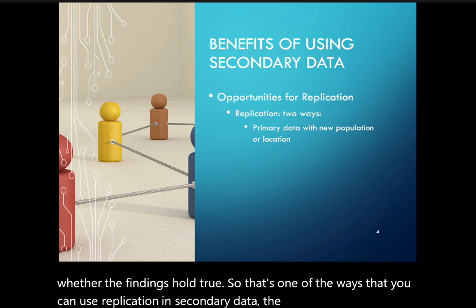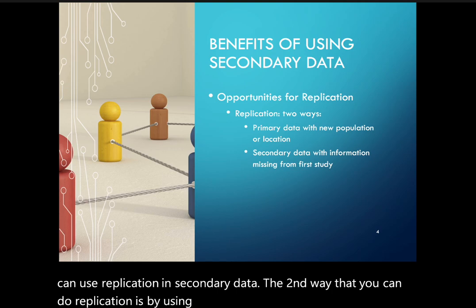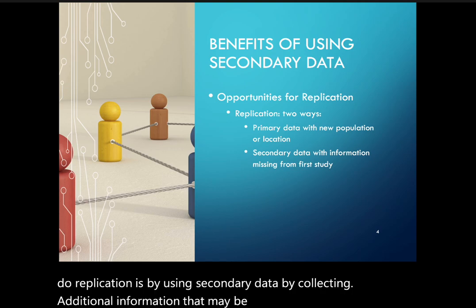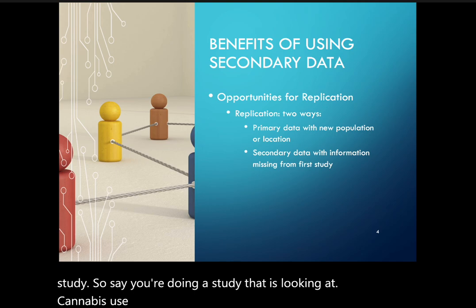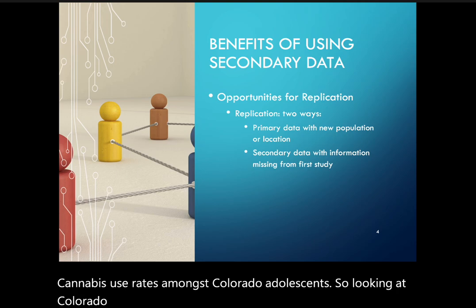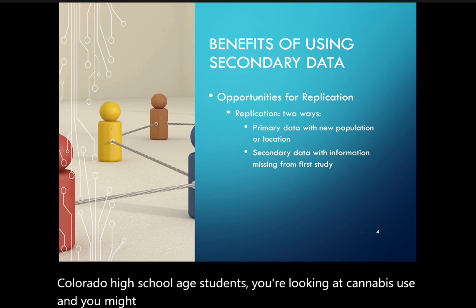The second way that you can do replication is by using secondary data, by collecting additional information that may be missing from the original study. So say you're doing a study that is looking at cannabis use rates amongst Colorado adolescents. So looking at Colorado high school age students, you're looking at cannabis use. And you might see that this secondary data didn't capture everything that you were looking for.